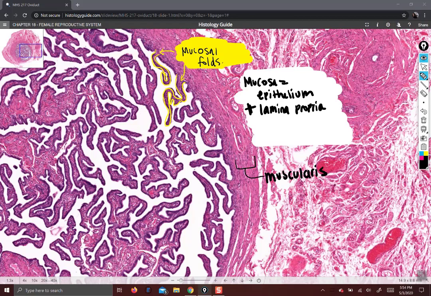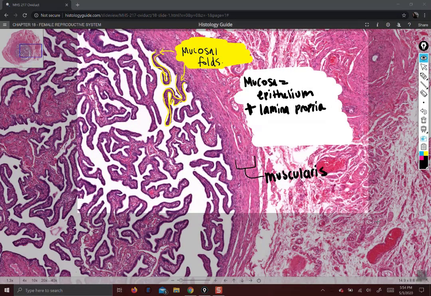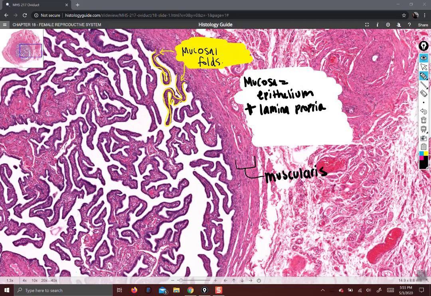Mucosal folds. And so are all the rest of the ones to the left of that. I just picked two to outline for the sake of brevity. So don't assume that those are the only mucosal folds you can see. They're just the two that I happened to pick, that's all. Okie dokie though. So there we have the parts of the oviduct, the mucosal folds, and the muscularis.